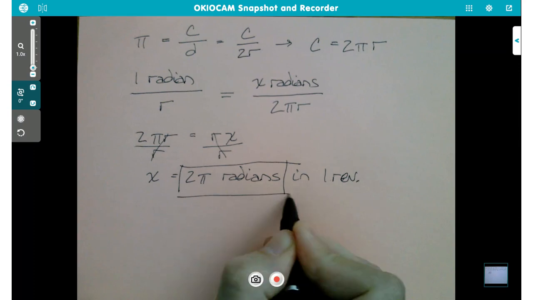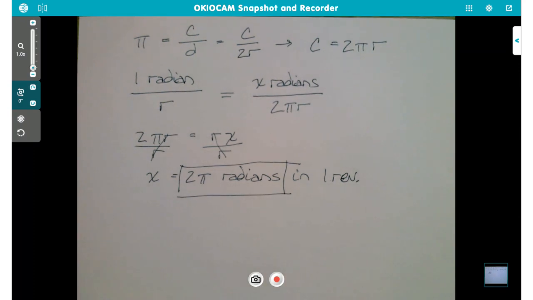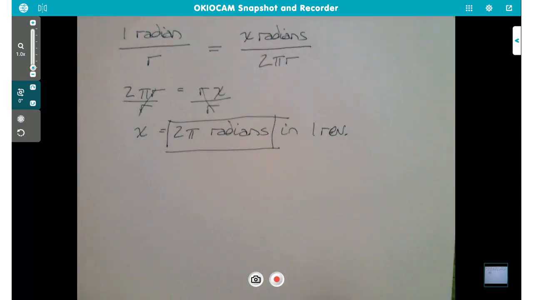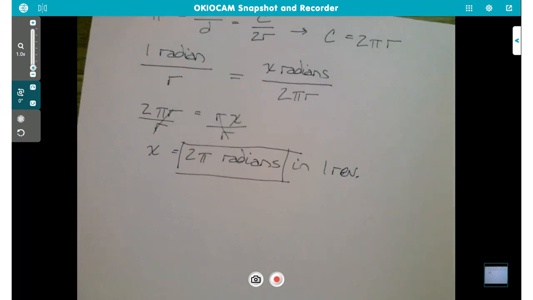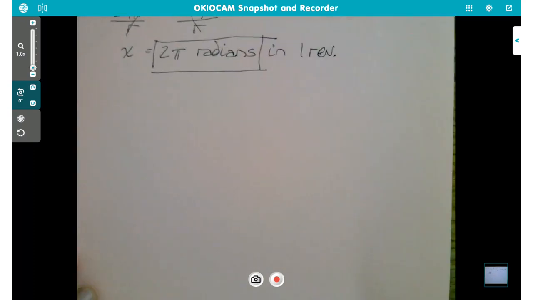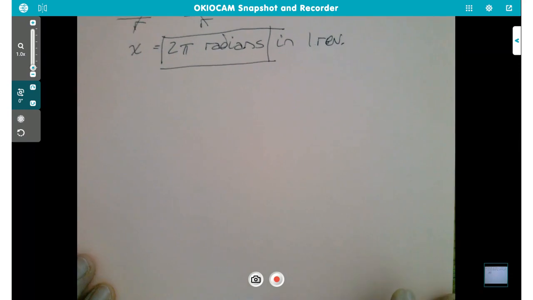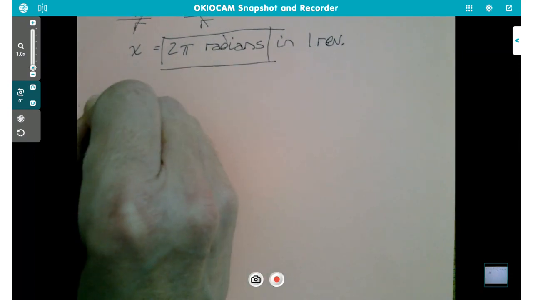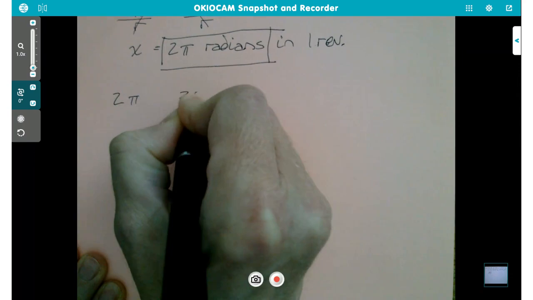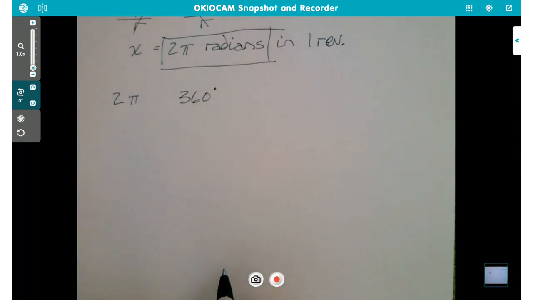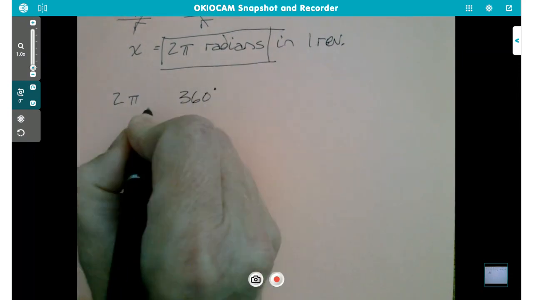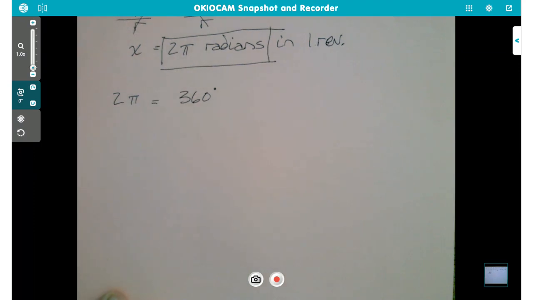Well, from there, we already know how degrees go. There are 2 pi radians in 1 complete revolution, and there are 360 degrees in 1 complete revolution. Which means, since those are both 1 complete revolution, those are equal to each other.